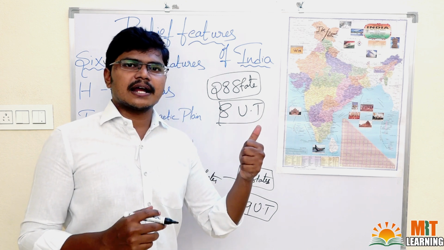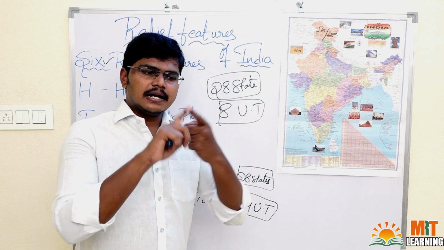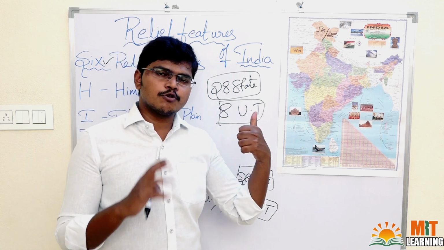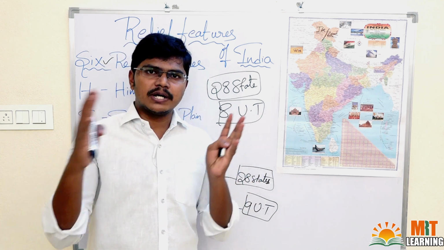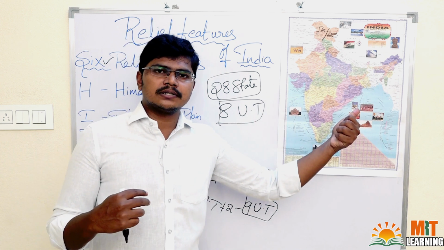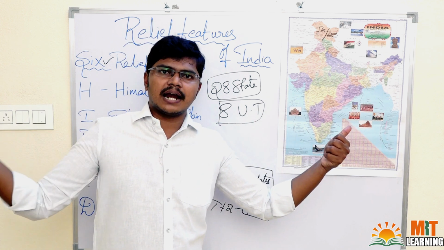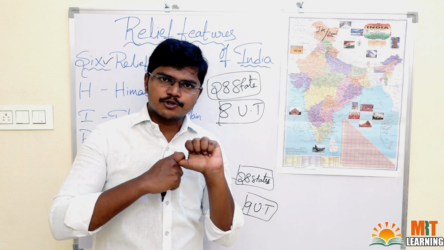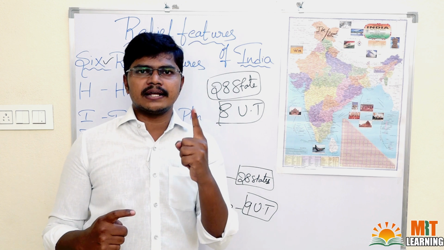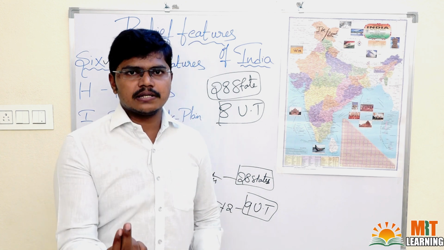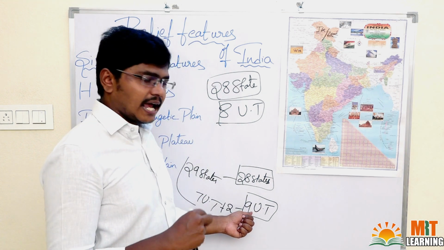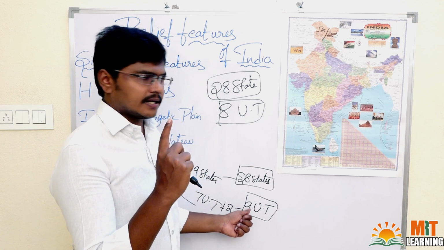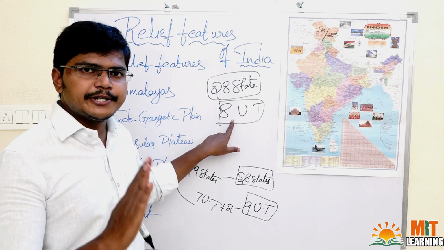Previously Daman and Diu was one union territory and Dadra Nagar Haveli was another. Now they are combined as one. So from these 9, 2 are made into one, and we now have 8 union territories.